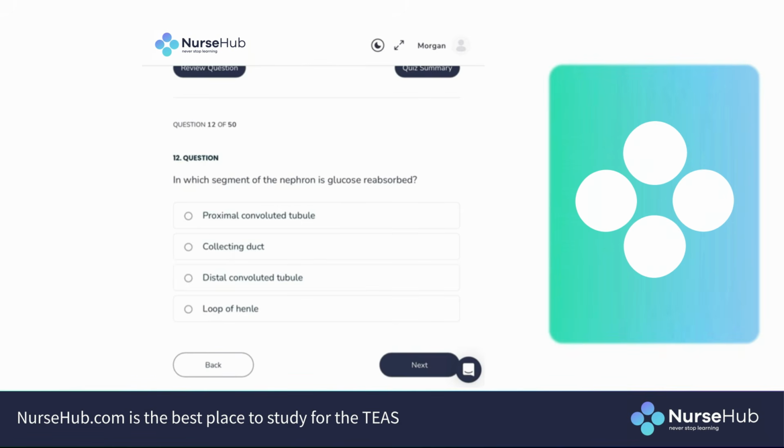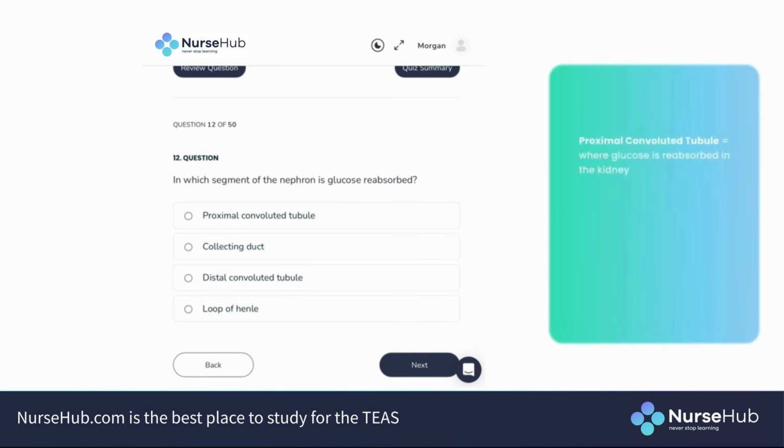In which segment of the nephron is glucose resorbed? This is something that you're just going to have to commit to memory. This is one of the anatomy and physiology questions. The collecting duct, distal convoluted tubule, and the loop of Henle all play a role in resorbing excess water in the kidneys, which concentrates our urine.